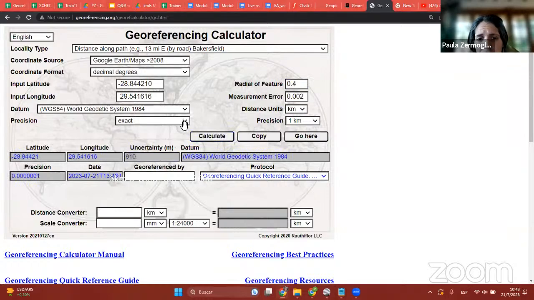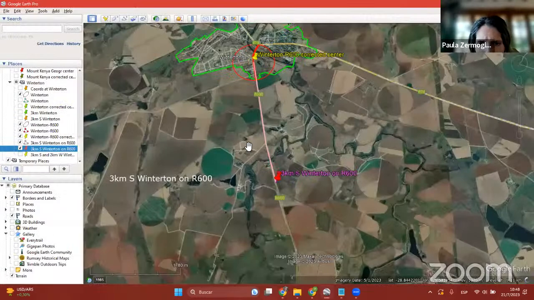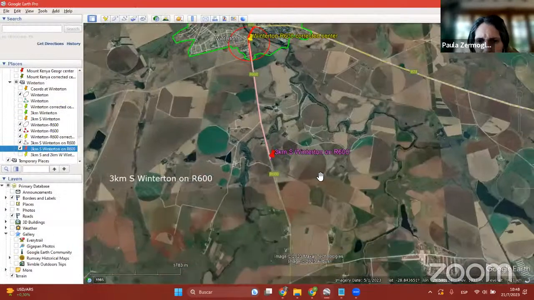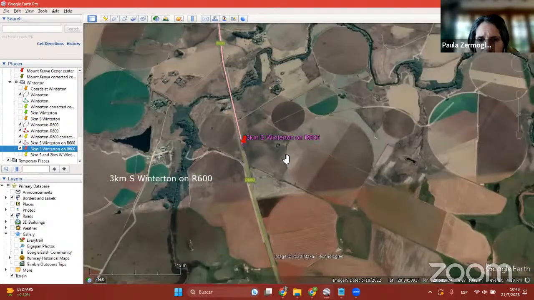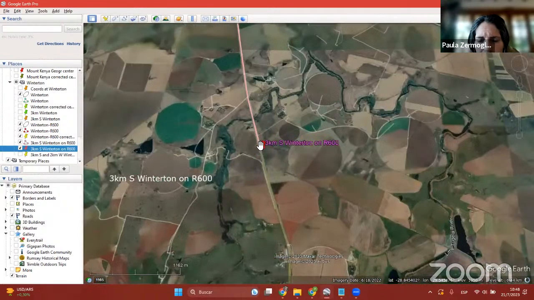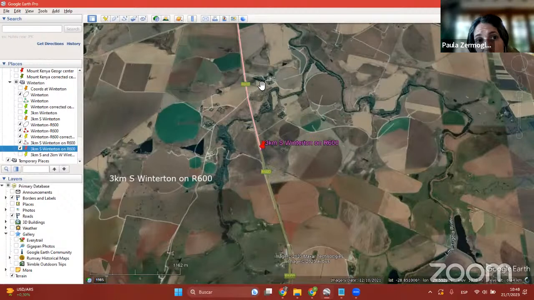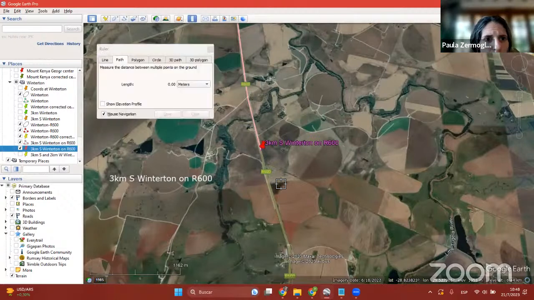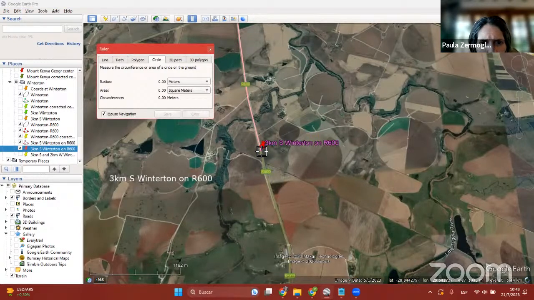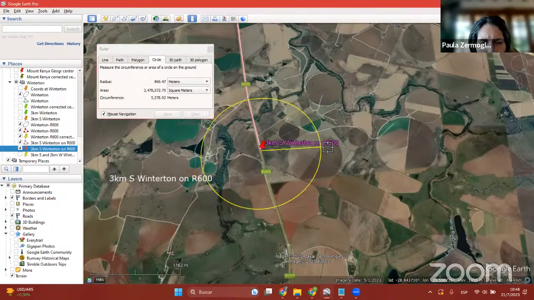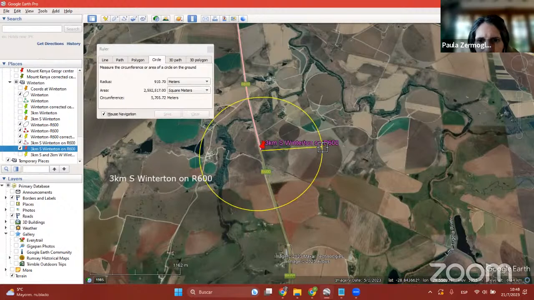And so if I wanted to represent this location, I will have to provide these coordinates and an uncertainty that defines a circle around it. And so that would be from here, 910 meters outwards. So this is the location, is the coordinates plus the uncertainty around it.